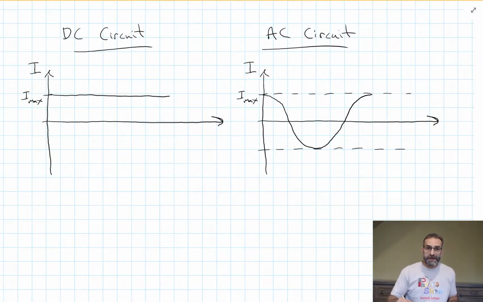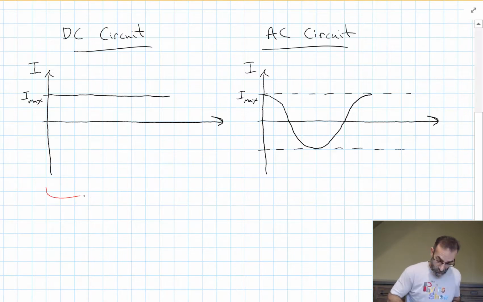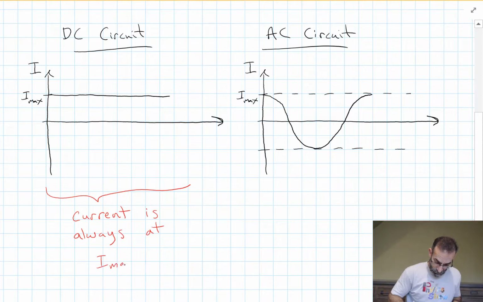If we do a quick comparison between a DC circuit and an AC circuit, we see that in the DC circuit, the current is always at its maximum value. And in an AC circuit, the current spends most of its time less than its maximum value.